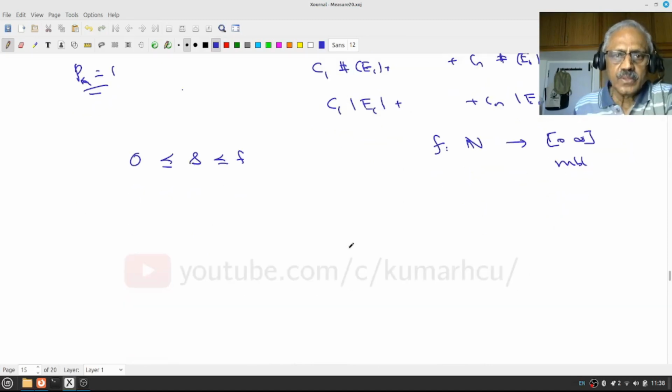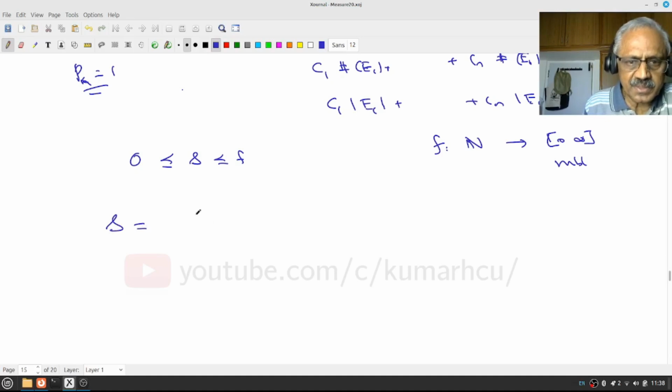Notice that this is where the trick comes. Remember, if s is a simple function, I said it is the sum of c_i times the indicator function of E_i, i equal to 1 to n.